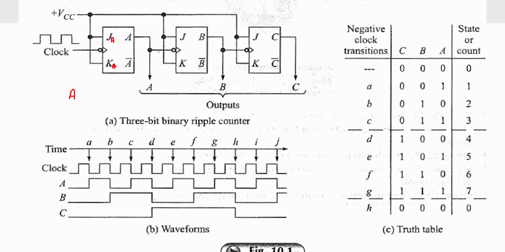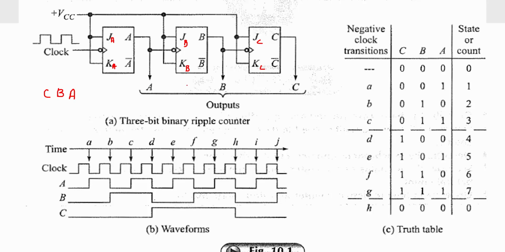And this one is triggering this particular flip-flop, which we can mark as JBKB. This is going to generate the second LSB bit of your output, and this is triggered by this one, so we can mark it as JCKC. This one is going to generate the next bit of your result. Total three bits, CBA form.